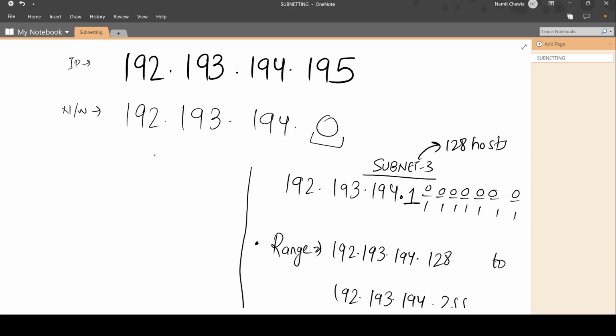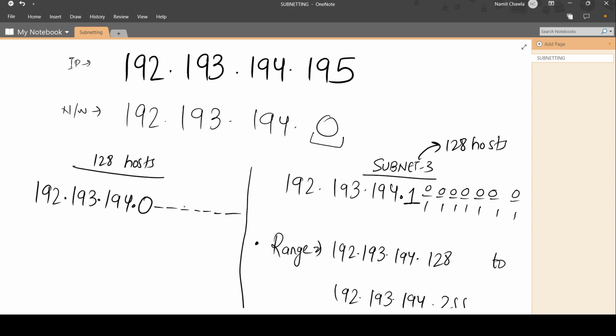Now on the other hand, I am left with 128 hosts, and eventually I am left with something like this: 192.193.194, and the first bit is 0. I am going to change the rest: 1 2 3 4. But with the help of this structure I am going to get only 128 hosts.